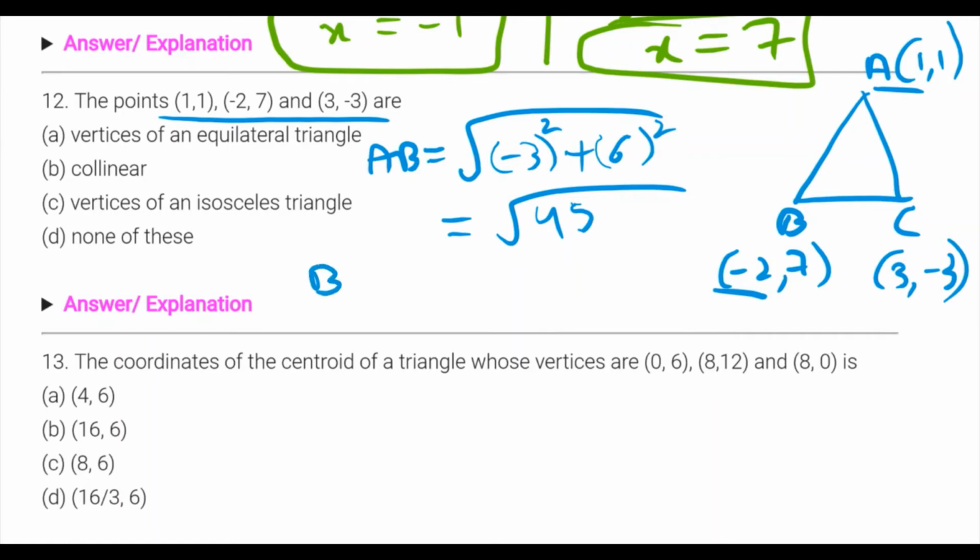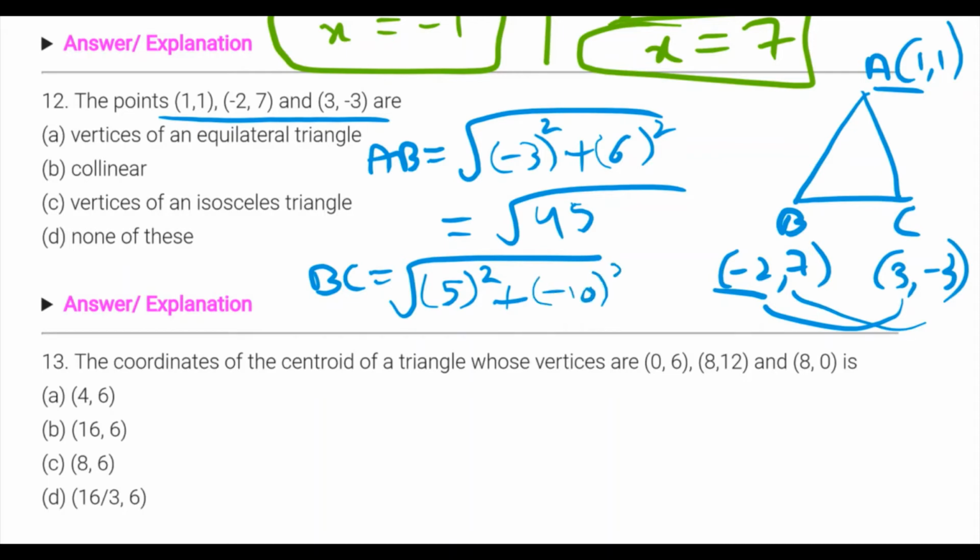Let's find BC. BC equals square root of 3 minus of -2, which is 3 plus 2, which is 5 square, plus -3 minus 7 is -10 whole square. So this is 100 plus 25, root 125.